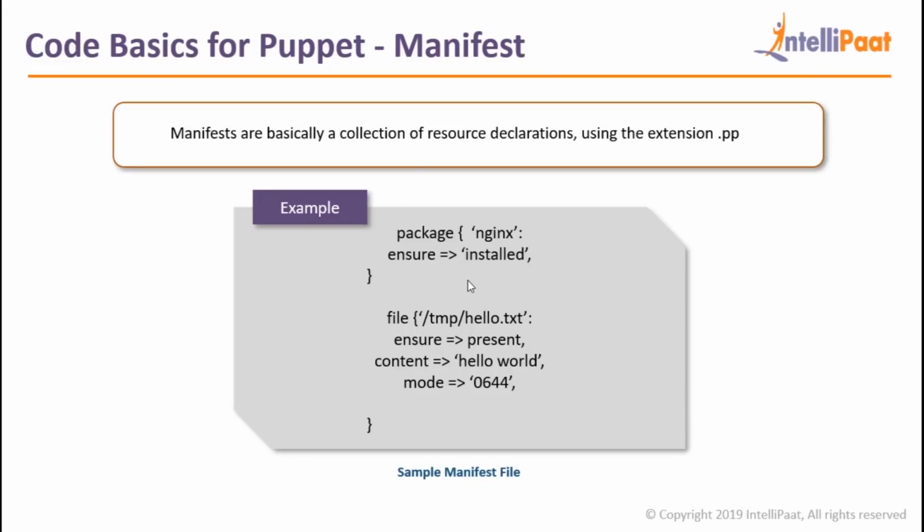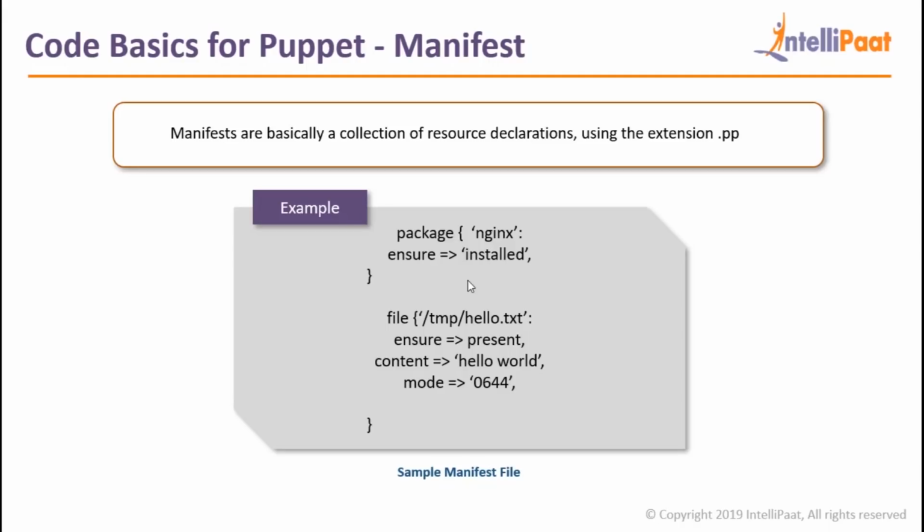Manifests are nothing but a combination, or they group resources together, and they are defined inside one file, and that file is called the manifest file. The manifest file can have multiple resources inside it, and once a manifest file is applied on an agent or on a slave, all those resources are installed one by one.